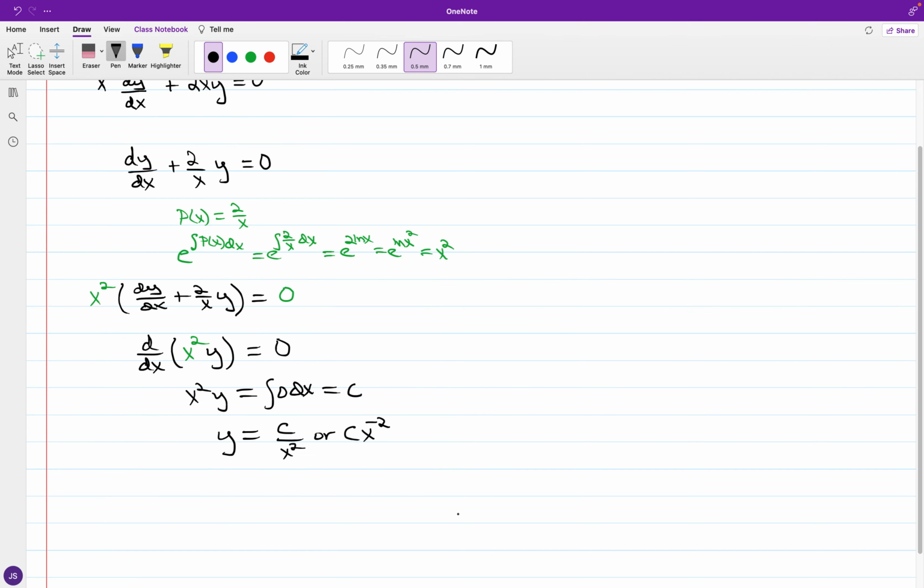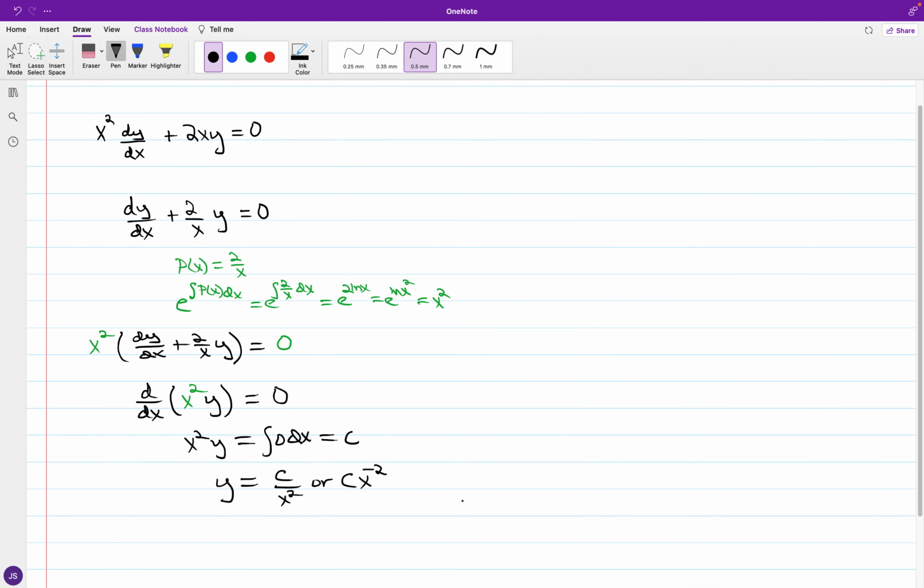Now, this is what we have when we took the first order linear differential equation treatment. But now let's treat it as an exact differential equation, switching the terms around.